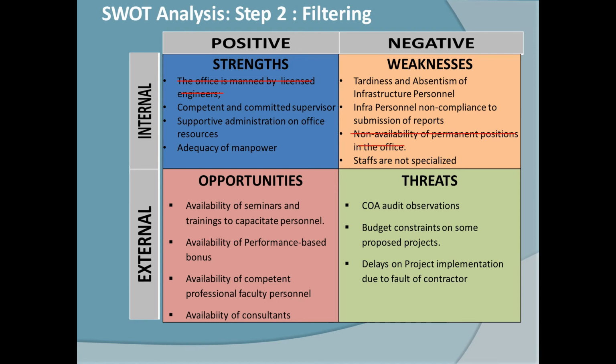We can also eliminate in the weakness the non-availability of permanent positions in the office because there is a slight chance to have a permanent position in the office of the infrastructure given that SUCs can only create items when it is appropriately justified and we would have a long process to do it.